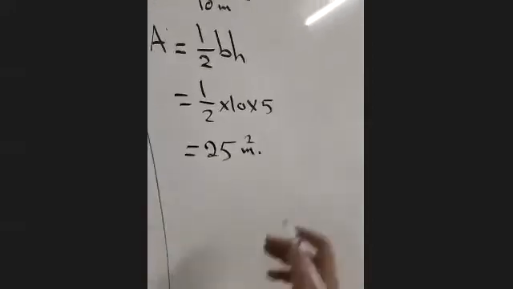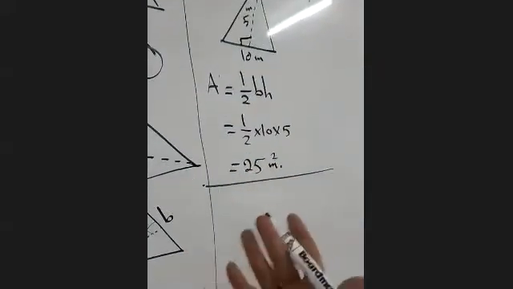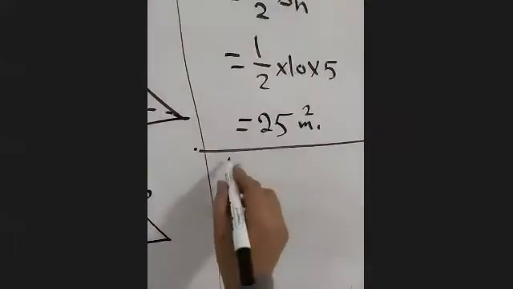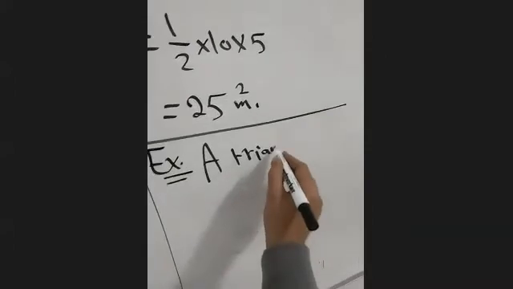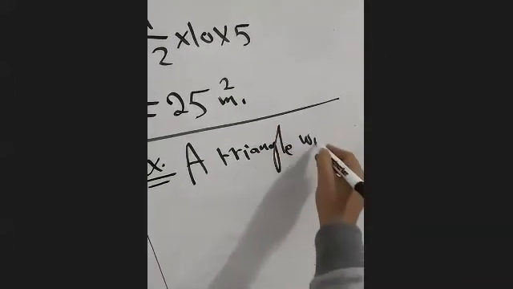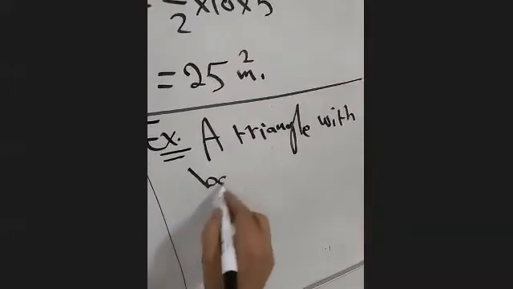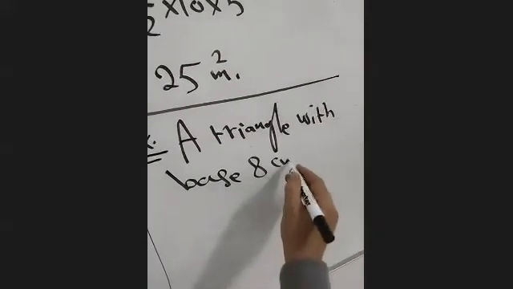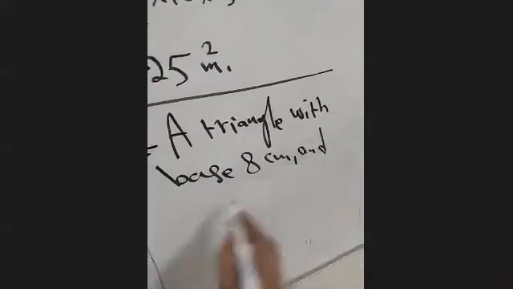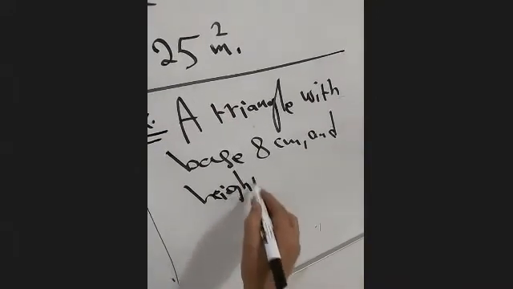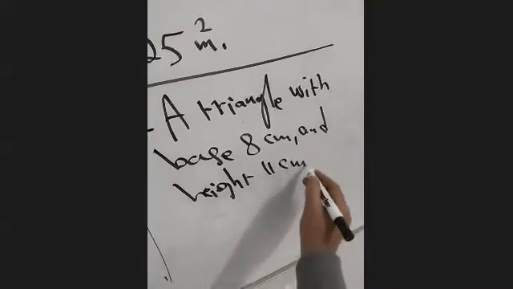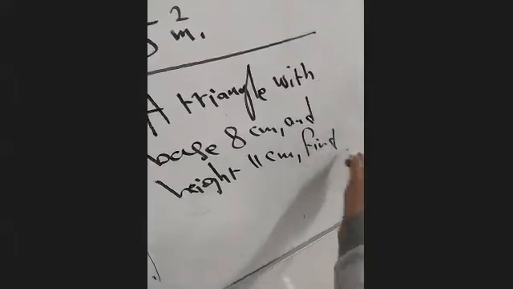For example, focus. Not always will the example give you a graph. Sometimes it's a written question. For example, a triangle with base 8 centimeters and height 11 centimeters, find its area.